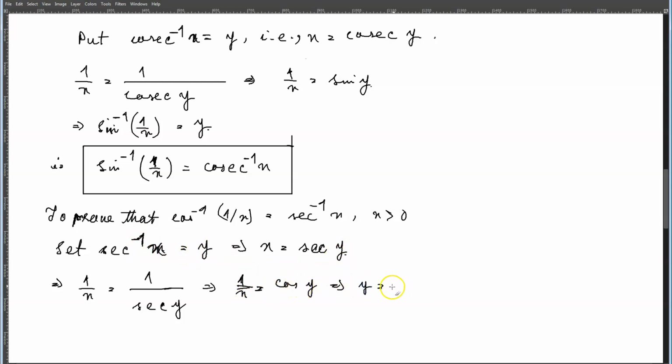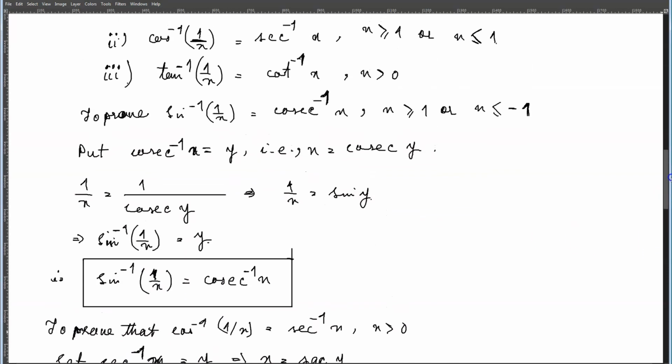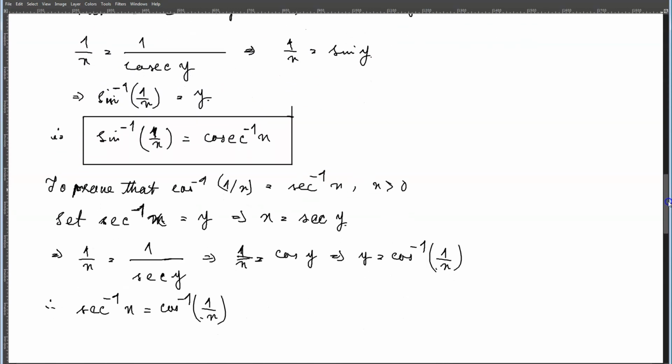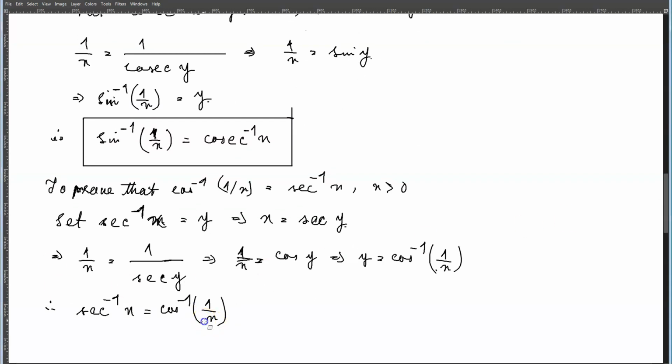And since y is equal to cos inverse of 1 by x and also y is equal to secant inverse of x, you can conclude that the secant inverse of x is equal to the cos inverse of 1 by x. And that is the second result that we have here: the cos inverse of 1 by x is equal to secant inverse of x.